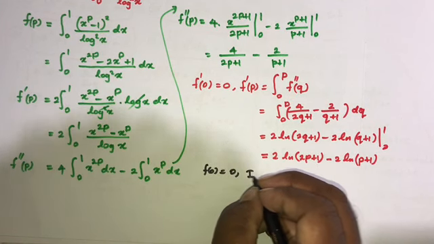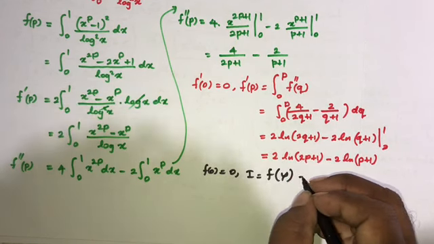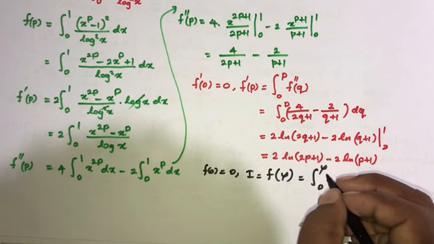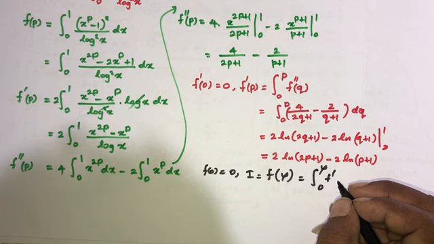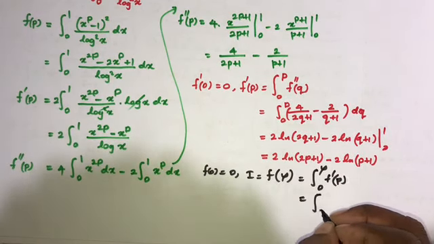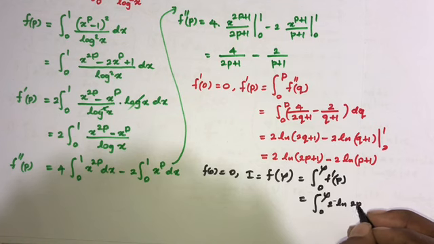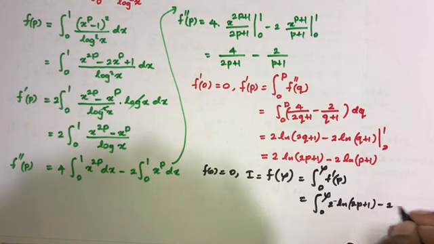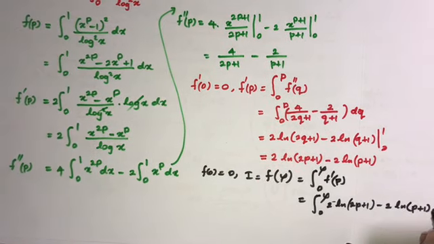Therefore, the integral I is equal to f(φ), which is the integral from 0 to the golden ratio of f'(p) dp, that is 2 times natural log of (2p+1) minus 2 times natural log of (p+1) dp.